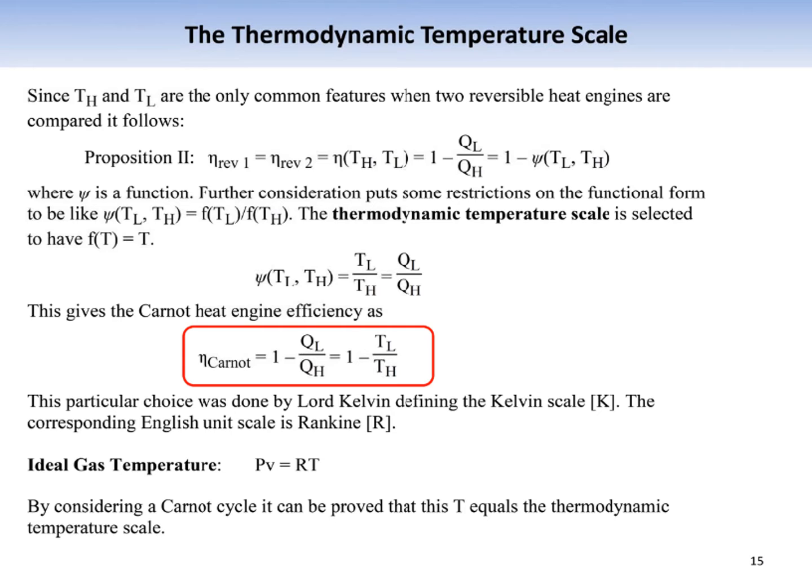So the rate of heat transfer from the 1000 degrees centigrade copper block will be definitely higher than the rate at which the energy is being transferred from the 100 degrees centigrade copper block to the room environment. So heat transfer is always a function of temperatures of the reservoirs TH and TL.